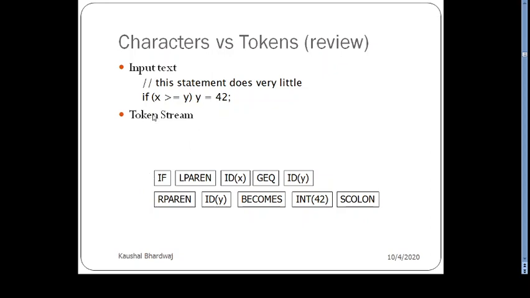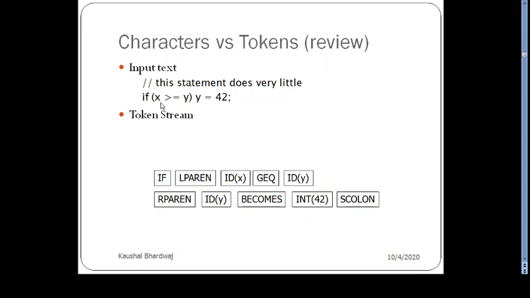Let us assume every symbol we are considering, I should say every meaningful symbol or set of characters, is to be taken as a token. Like here, if has a meaning, it is known to be a keyword, so we are considering it as a token. Left parenthesis is a token, right parenthesis is a token.